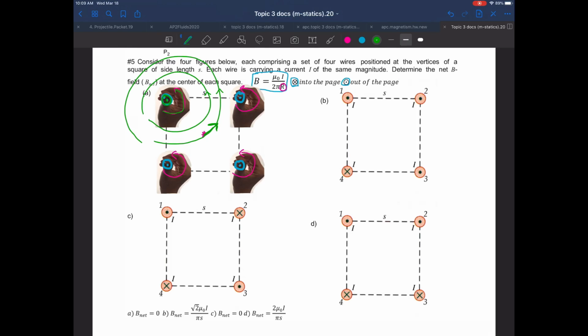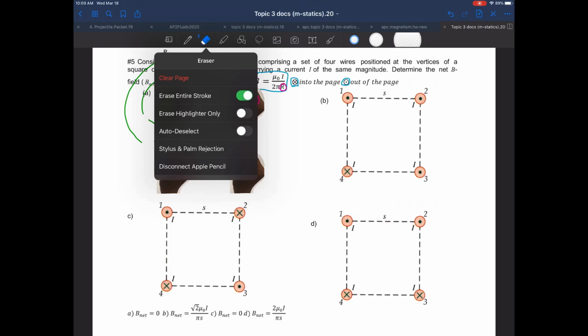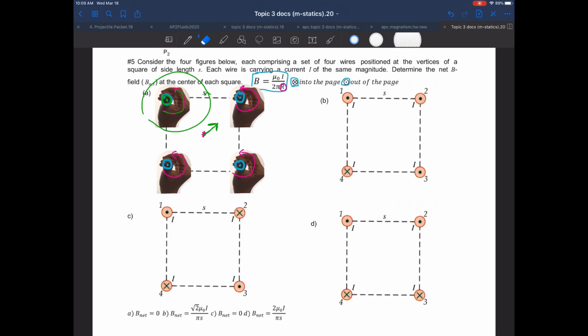Let's erase anything extra here. So the distance R and this B vector are at 90 degrees because the B we drew in is tangent, touching at a point.